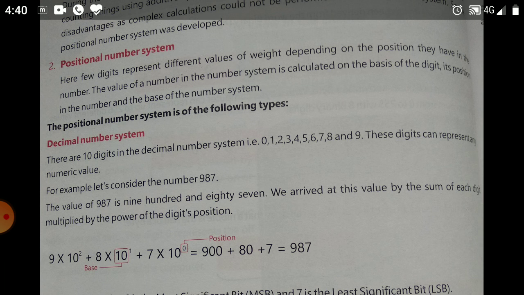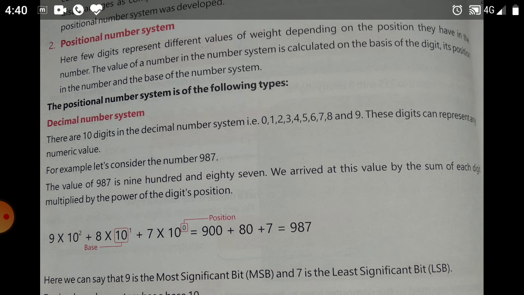Positional number system means a particular digit in the given number has a value depending on its position. The value of a number in the number system is calculated on the basis of the digit, its position in the number and the base of the number system.